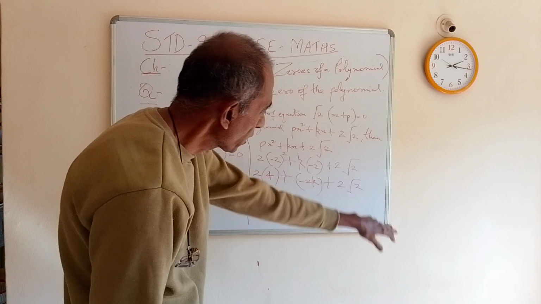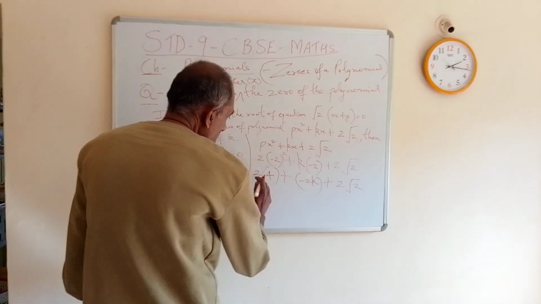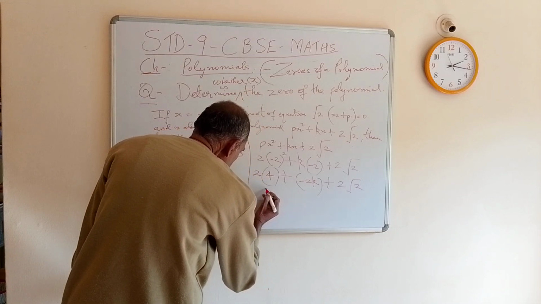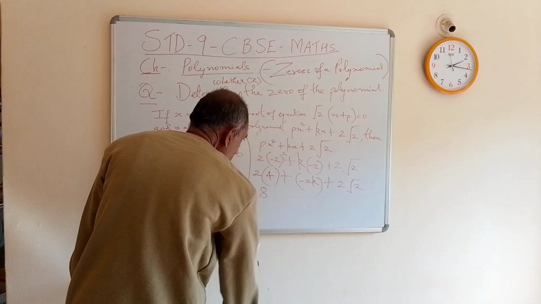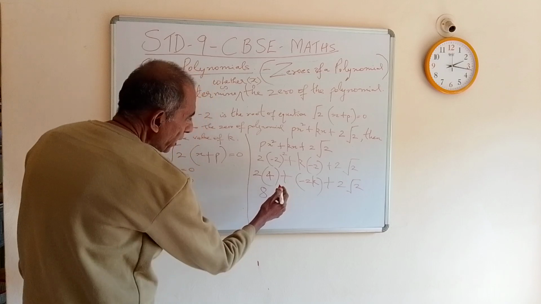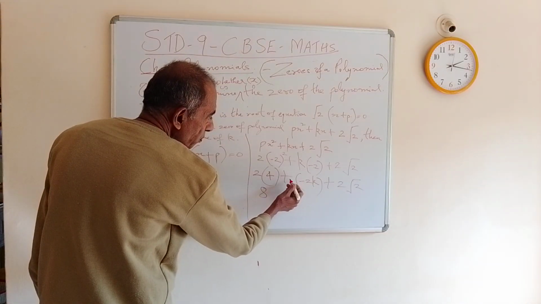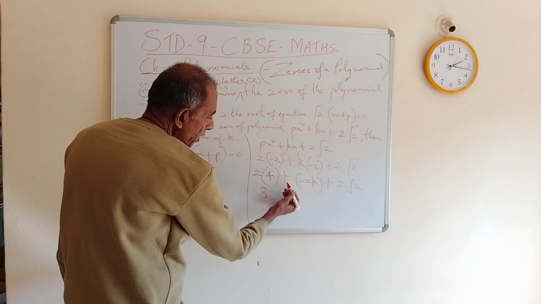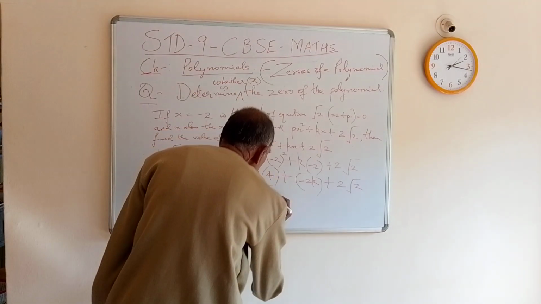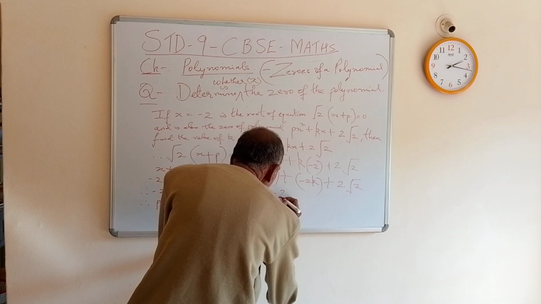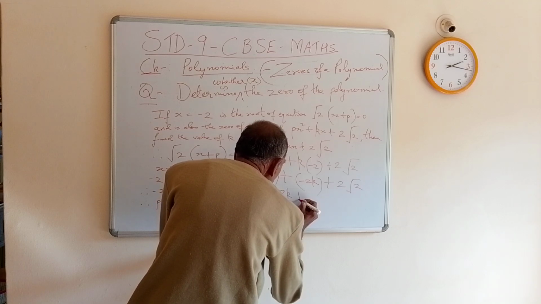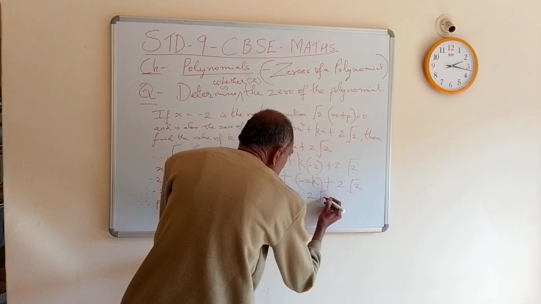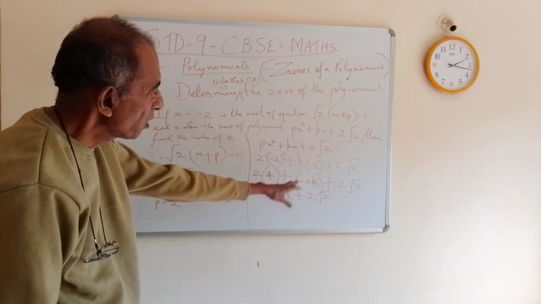So this we will have to take to the other side. Now this becomes 2 into 4 is 8. So here 8, and this is plus into minus. When we open this, minus 2k which is in bracket, plus into minus will give us minus 2k, plus 2 root 2. Okay, we have to find the value of k.